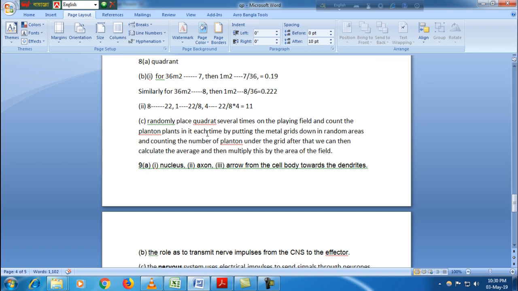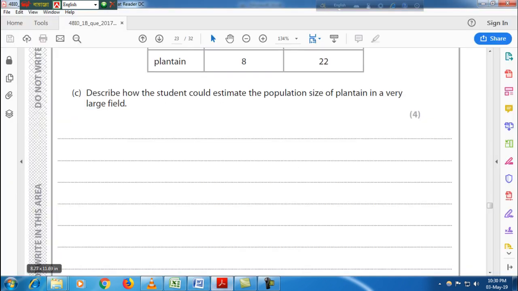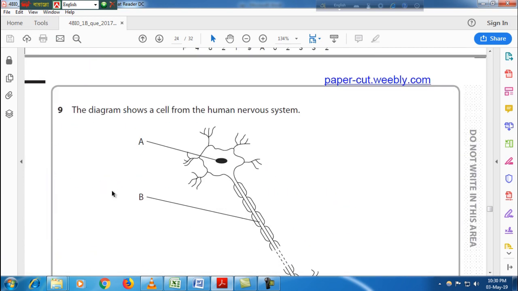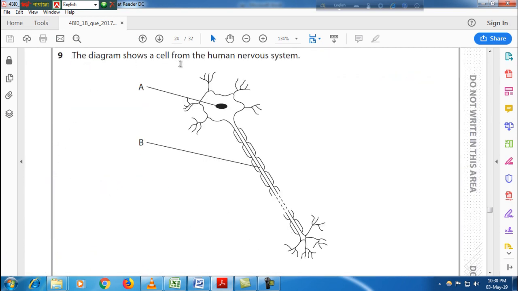Count the plantain plants in it each time by putting the metal grid down in random areas and counting the number of plantain under the grid. After that we can calculate the average and then multiply this by the area of the field. Let's go for the next question, number 9.